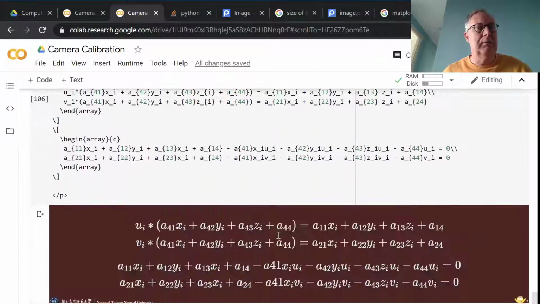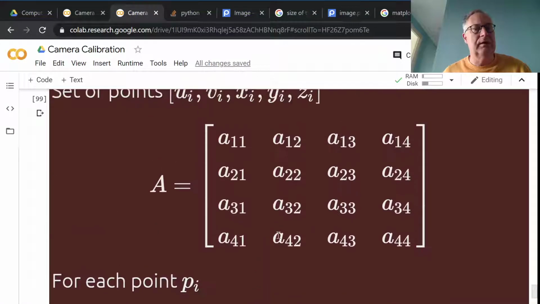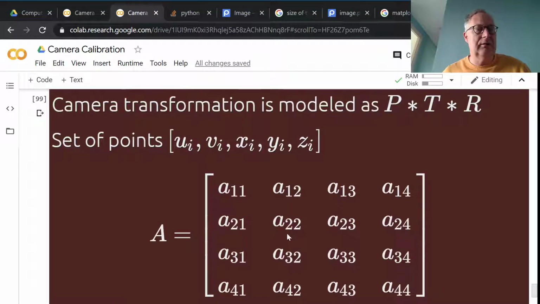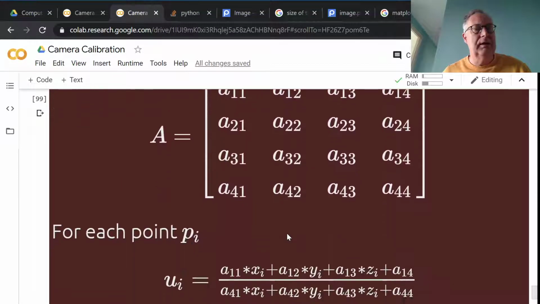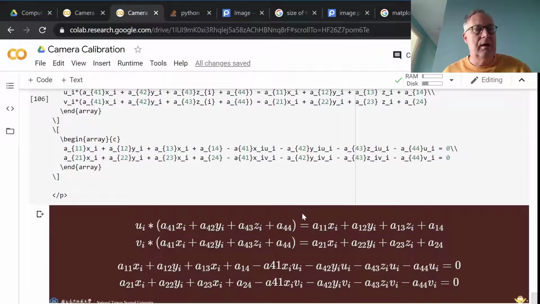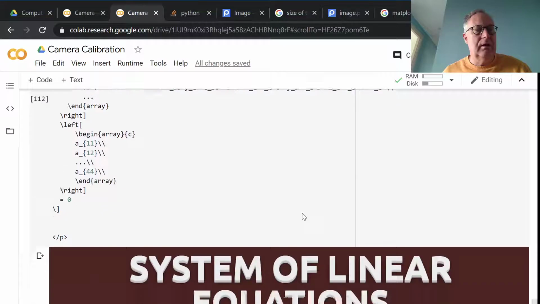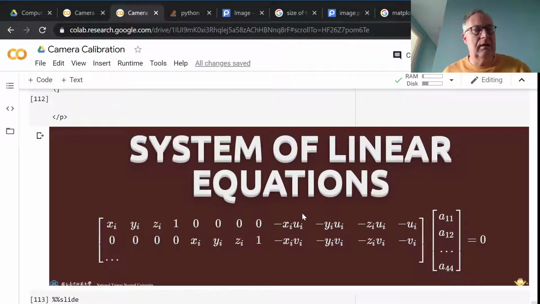So the minimum number of points that is required to do the calibration would be 7 if you have 0, 0 here, or 8 if you use the full 4x4 matrix. But of course, the calibration that you get will be very noisy.